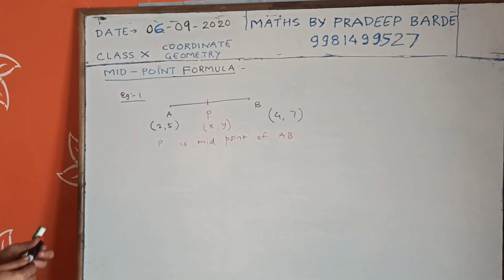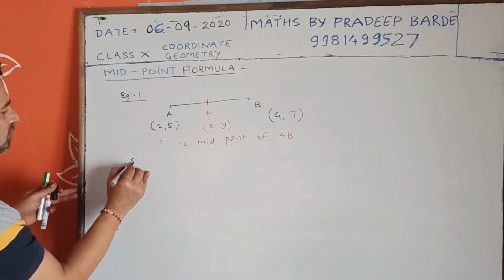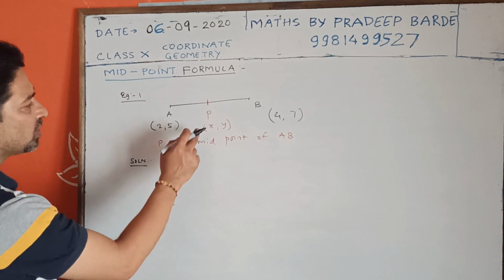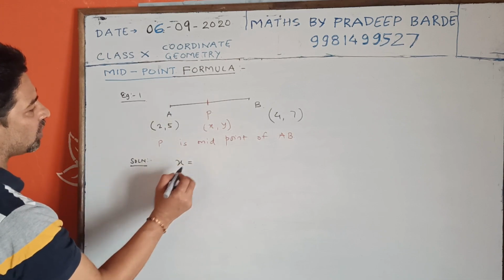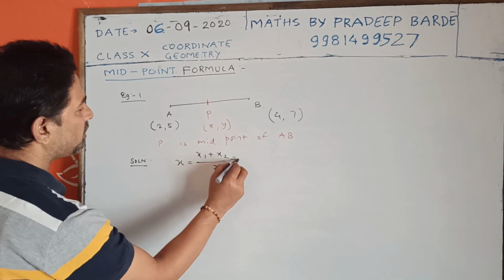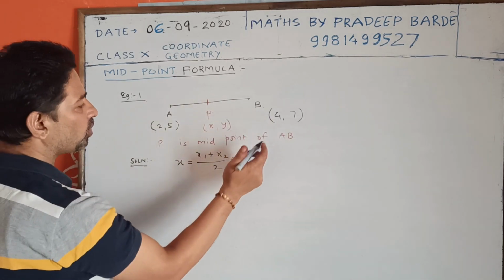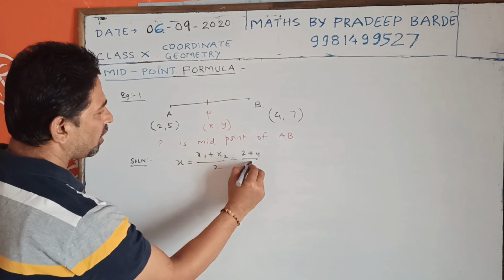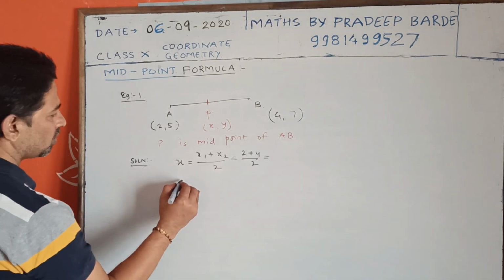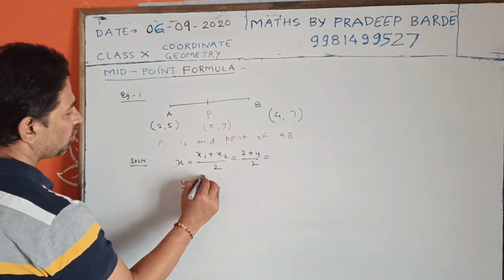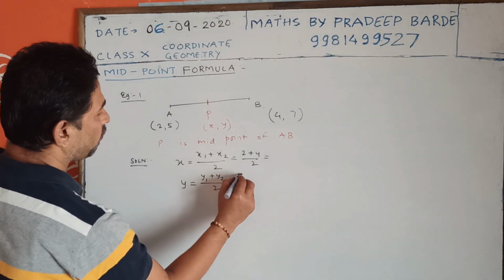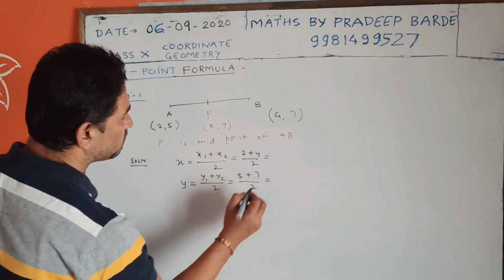So very simple solution, students. Solution to this: P is midpoint of AB. So we will have x is equal to x1 plus x2 upon 2, 2 plus 4 upon 2, y is equal to y1 plus y2 upon 2, 5 plus 7 upon 2.